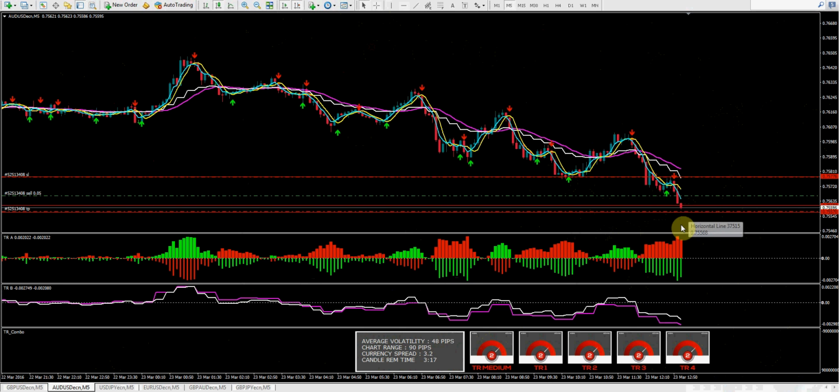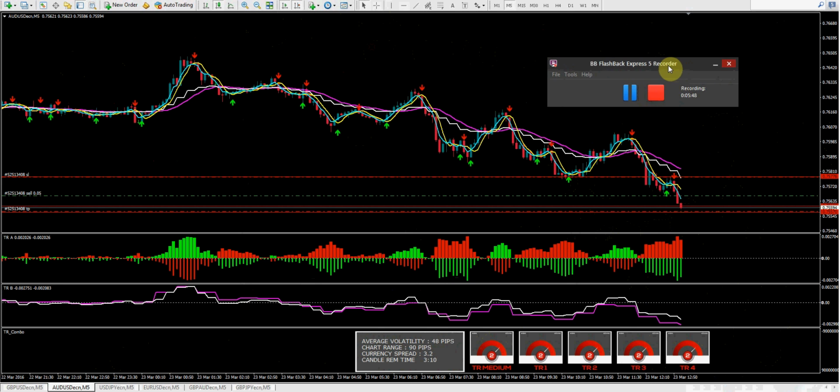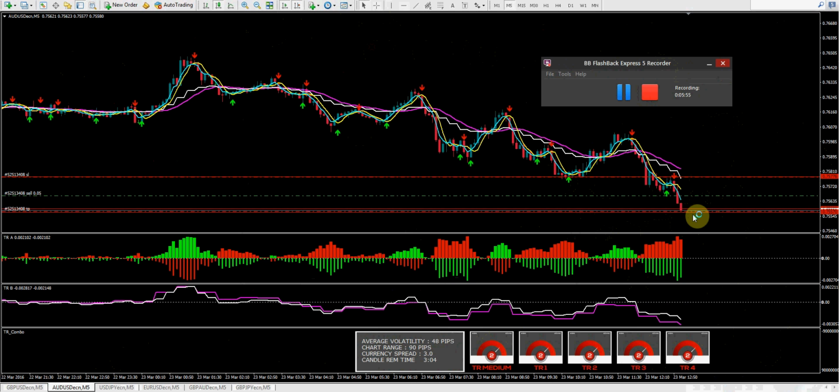So let's see if we can get that little push we need. Came right down to it, but we didn't get a push through. Market's definitely having some trouble here getting through this level.